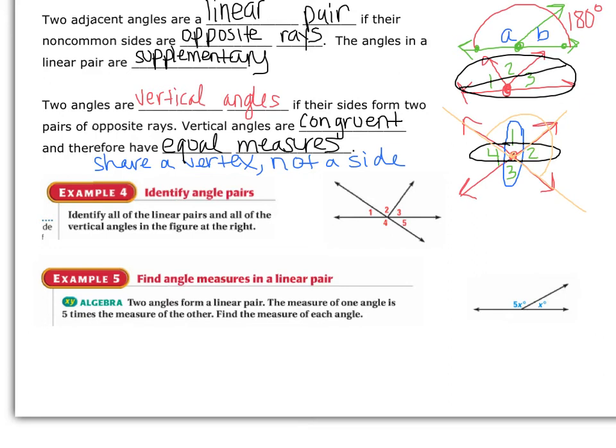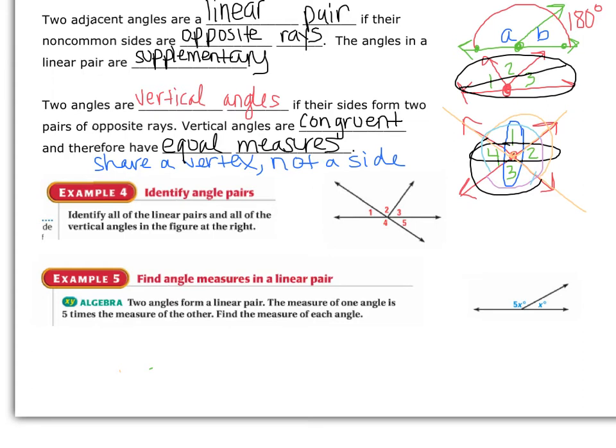You can keep going around the diagram and find another linear pair. 2 and 3 form a linear pair, and you keep going around the circle. 3 and 4 make a linear pair, and then the last one you have there is that 4 and 1 right here can form a linear pair. So within this diagram, we have adjacent angles, we have linear pairs, and we have vertical angles.